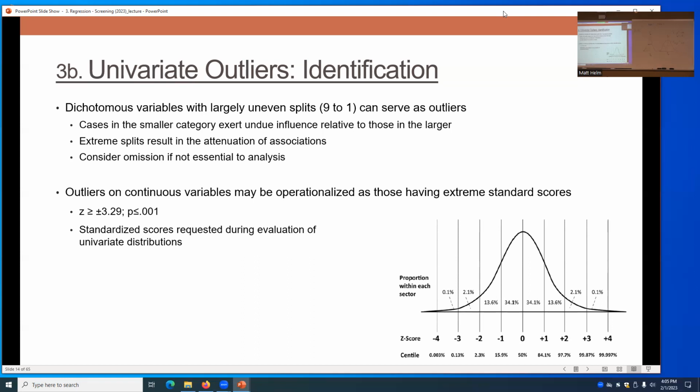A z-score of 3.29, or 3.3, is the marker where p equals 0.001. We're saying that's 3.3 standard deviations away from the mean, capturing less than 0.1% out there in either tail.